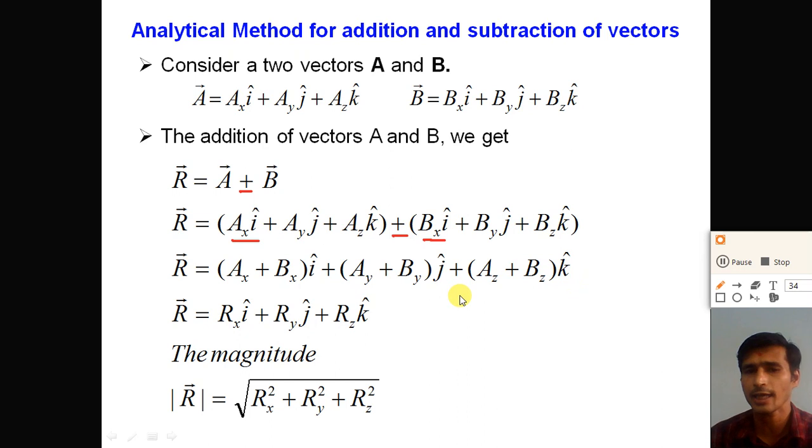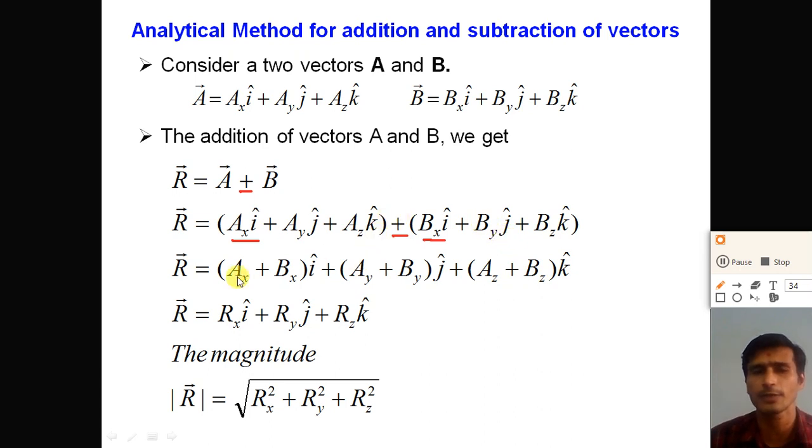If we add the x components of the 2 vectors or of more vectors, we get the x component of the resultant vector. So if we add ax plus bx, right, we get the x component of the resultant vector. Understand? If we add ay plus by, we get the y component of the resultant vector, and if we add the z components of the vectors, we get the z component of the resultant vector.